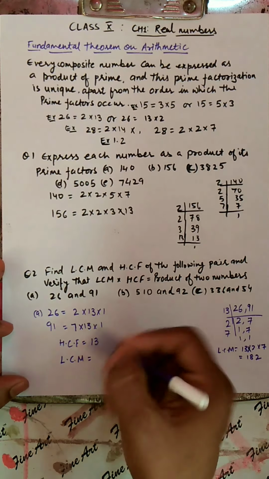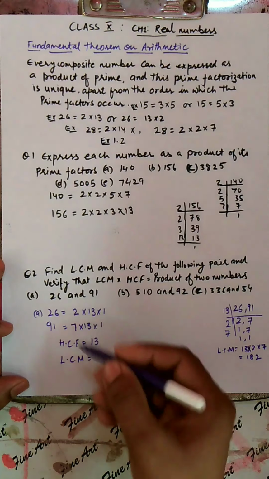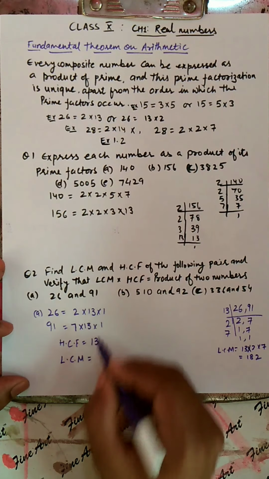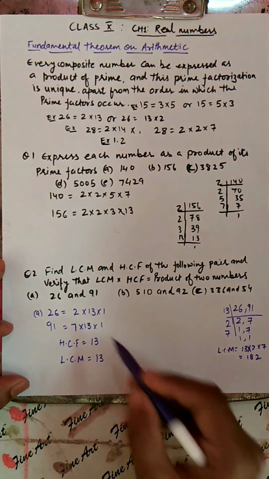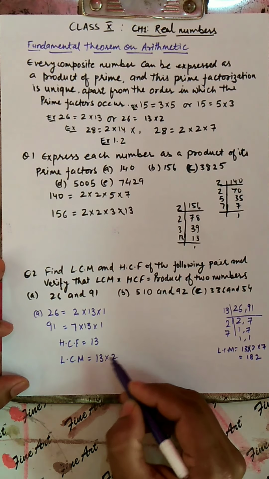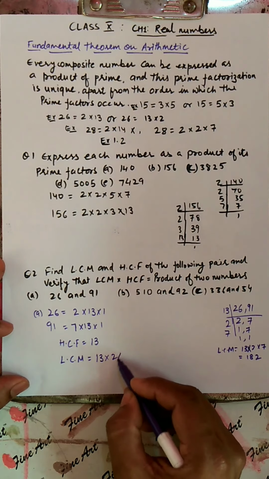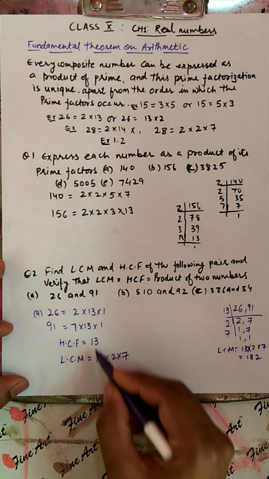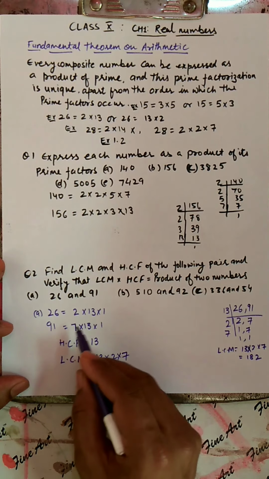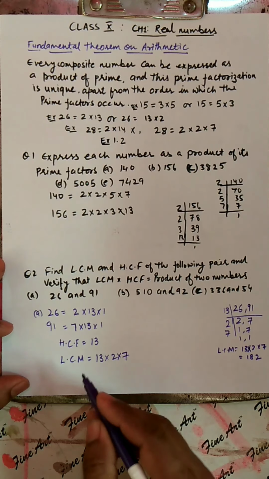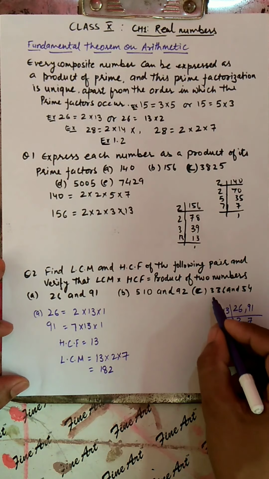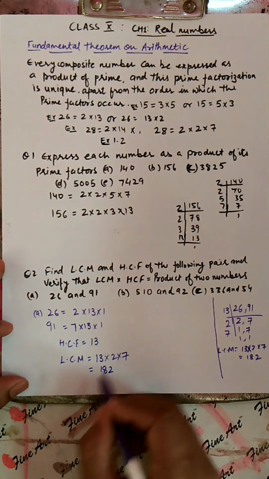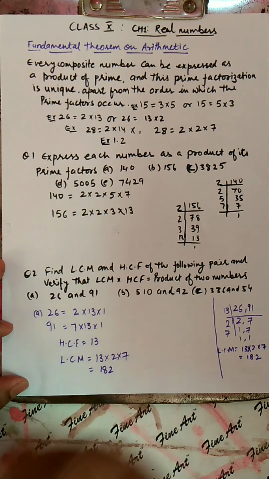But LCM can also be found using the factors. The common factors you write once, 13, but those which are not common, like 2 and 7, you write as well. So the common factor is written only once, and the non-common ones are multiplied. You will also get the answer 182. So you have found the LCM and HCF.